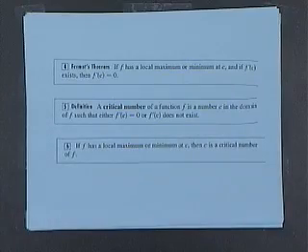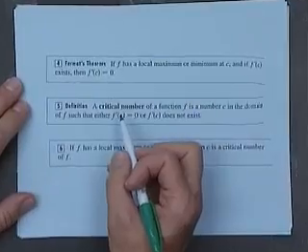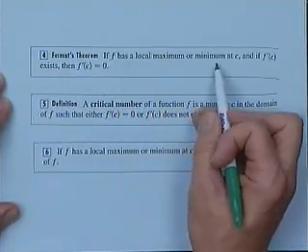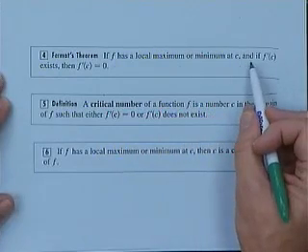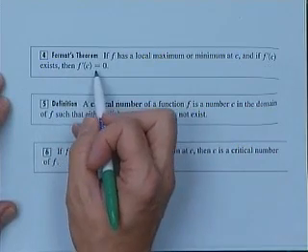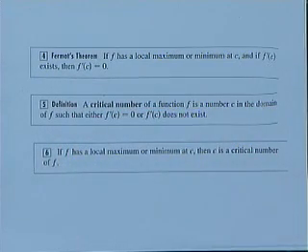All right, again, you don't need to copy these down. These are in the book, but let me point out some things. If the function has a local max or min at C, and if the first derivative does exist, then the first derivative is 0. Well, that takes one of the two possible critical values out because the derivative doesn't exist.